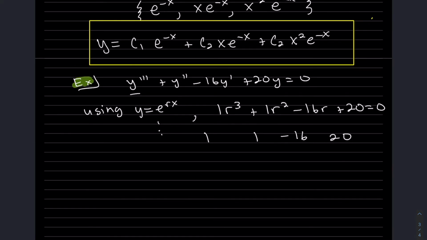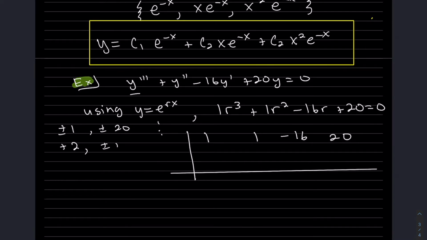Okay, so now we have quite a few more choices. We get plus or minus 1, plus or minus 20, plus or minus 2, plus or minus 10, plus or minus 5, plus or minus 4.